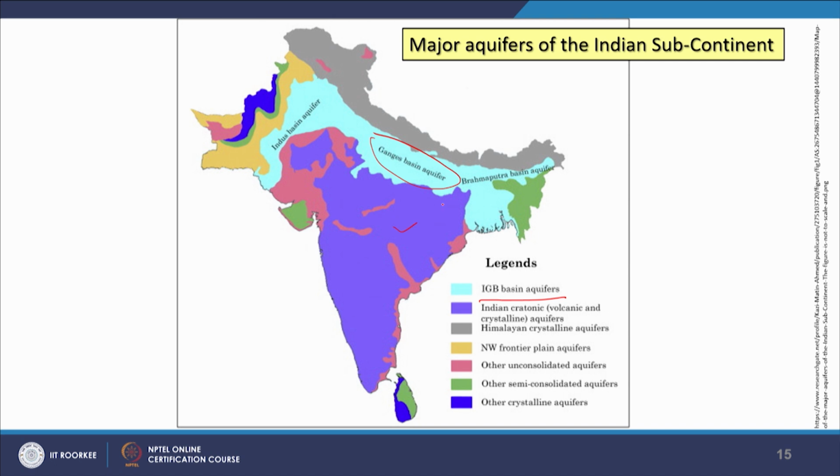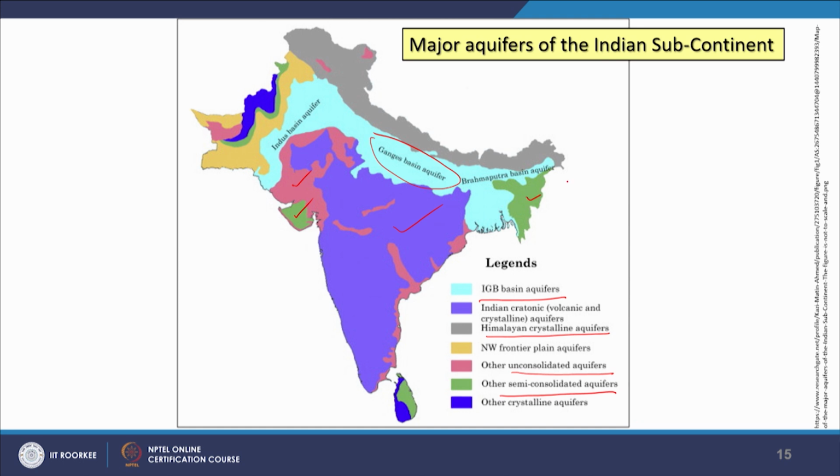You also have unconsolidated and semi-unconsolidated aquifers, and basaltic rocks are also there, like here you have semi-unconsolidated aquifers in this part of the country, and of course the Himalayan terrain having mostly crystalline aquifers.